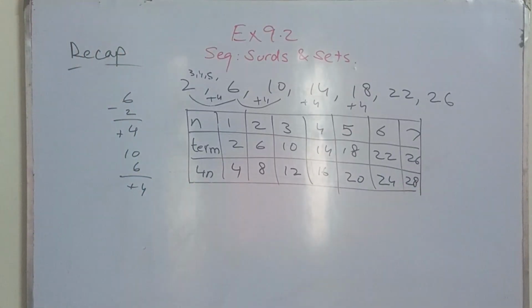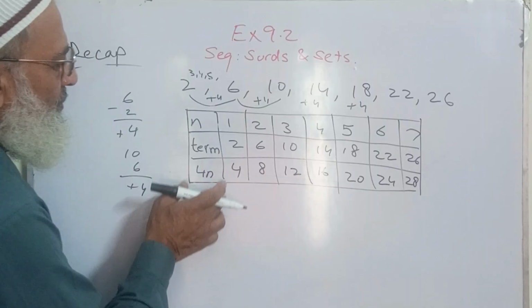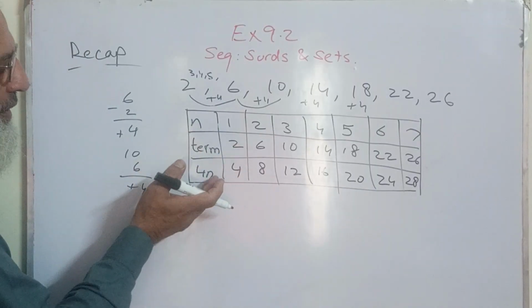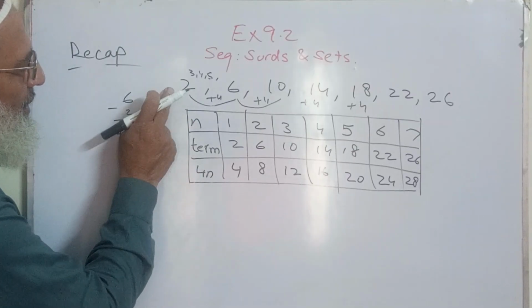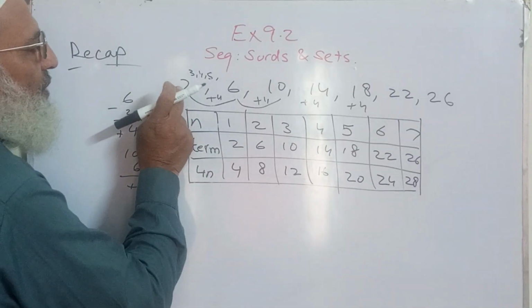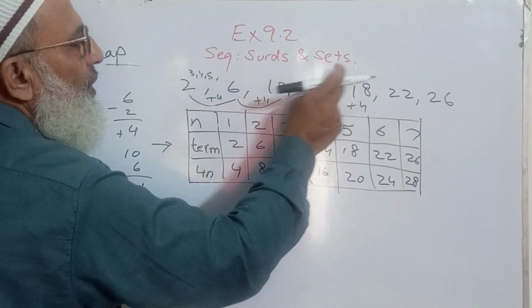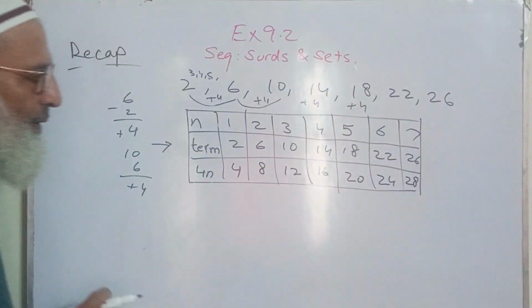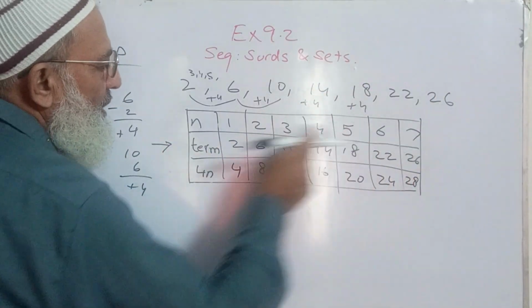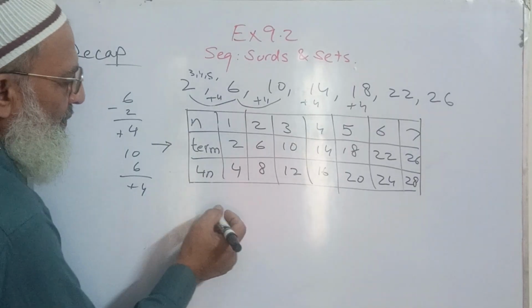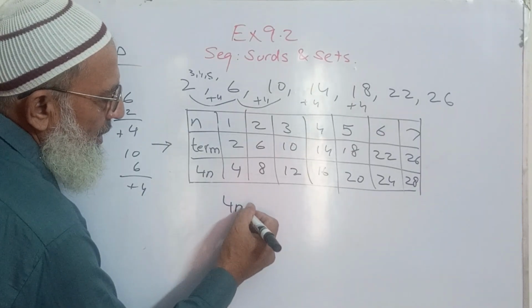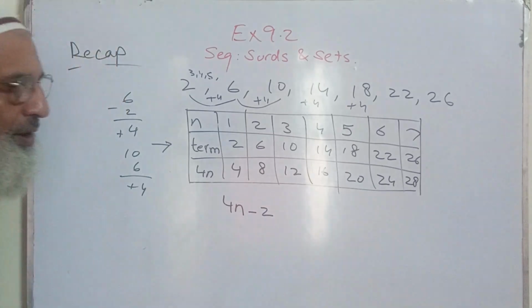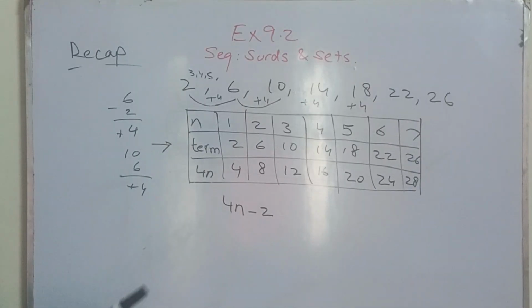Now what have we done? You see that our actual term is less than the 4n. This is our actual sequence: 2, 6, 10, 14, 18, 22, 26. Now what we have done is, for our actual sequence we have subtracted 2 from this 4n.